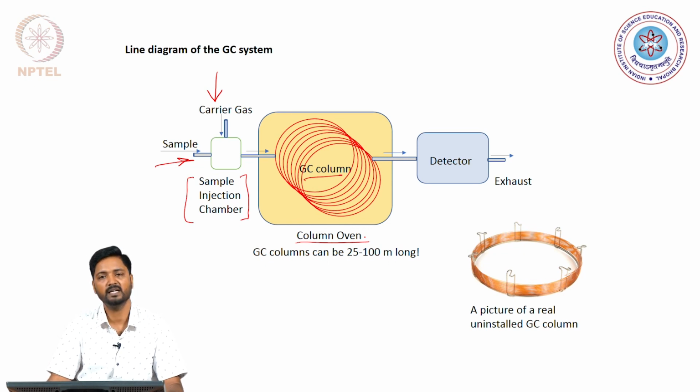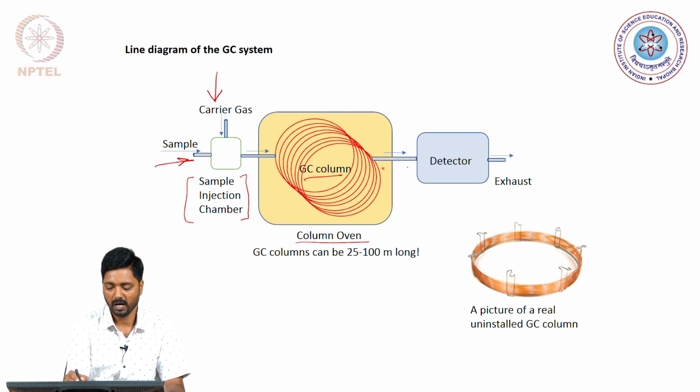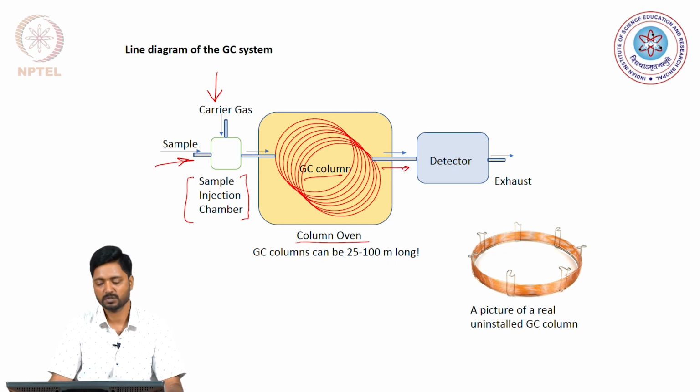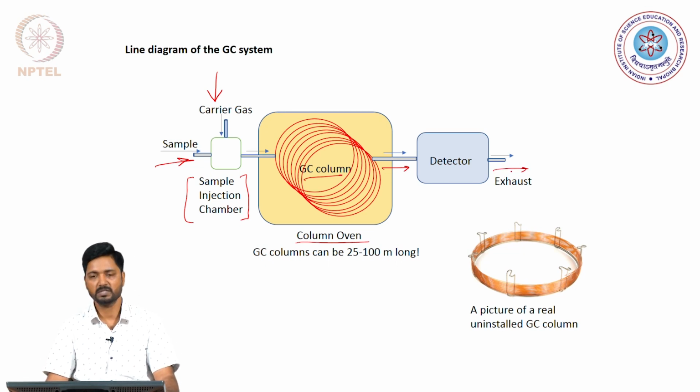Finally, the analytes will come out of this column and move to the detector, where their presence will be detected and a chromatographic profile generated. Finally, all these gases and vapors will come out of the gas chromatography system in the form of an exhaust.